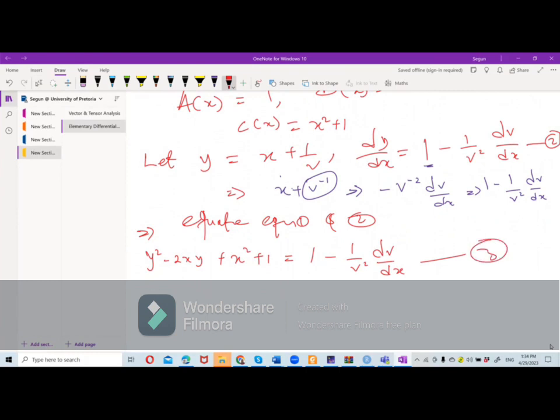Now we have to substitute y equals to x plus 1 all over v into 3. Anywhere you see y, substitute, because we want everything to be in x and v.